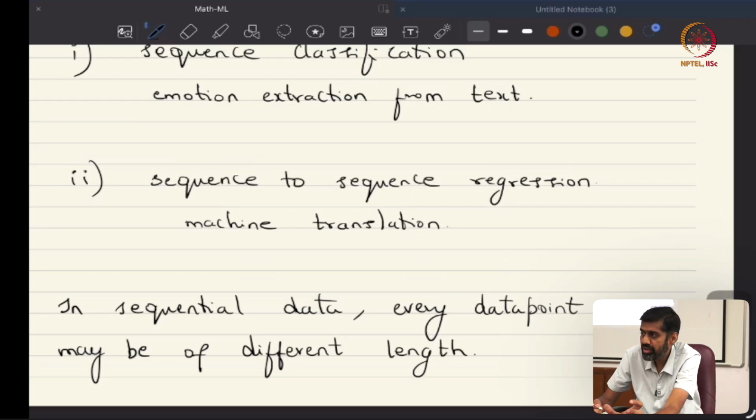If you look at an example, suppose you are solving the translation task, let's say English to Hindi or something. Every input sentence has a different length. Capital T is different. Okay.